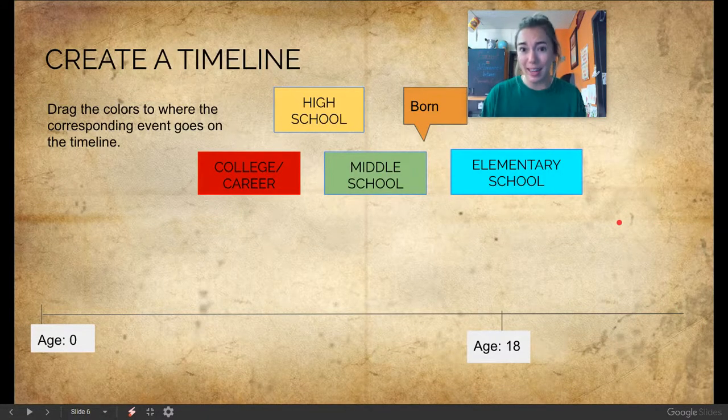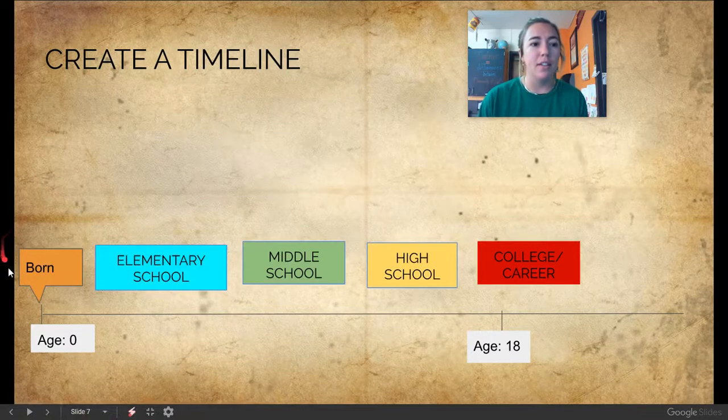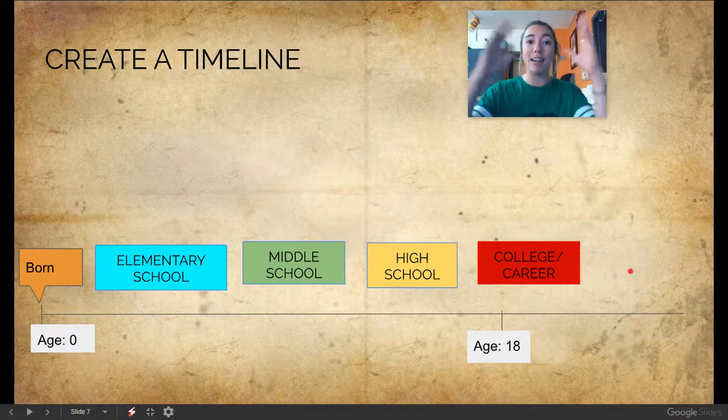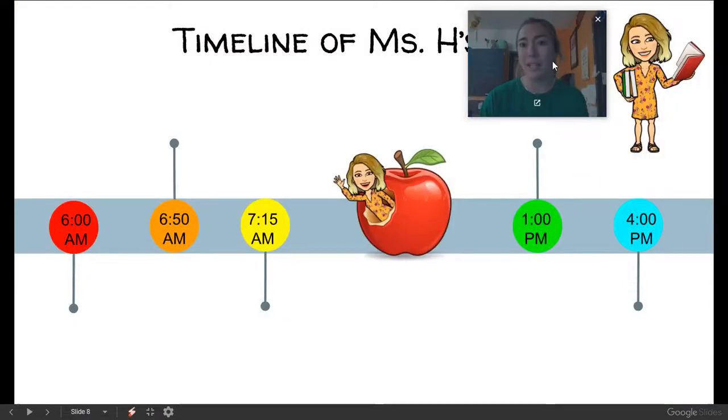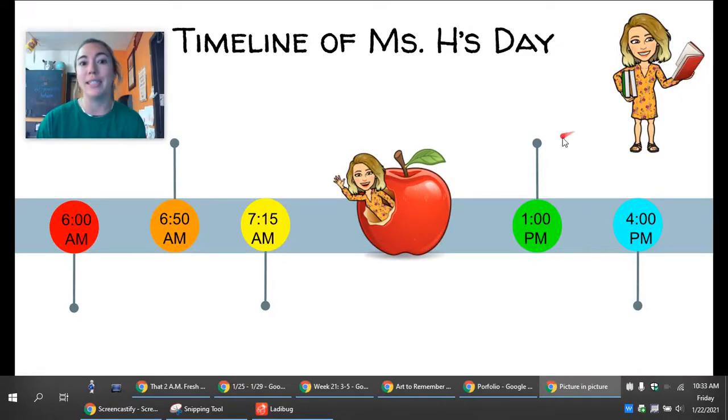Okay, so timelines can be huge spans of time, like we just saw, or it can be a shorter amount of time. From here, we can use this timeline to show important events that happen in your life. So obviously you can tell we're going to read from left to right, and we can see that different big events that happen, we can show those on the timeline. These are kind of big things, but then we could also break down in a timeline something smaller, like the timeline of someone's day.